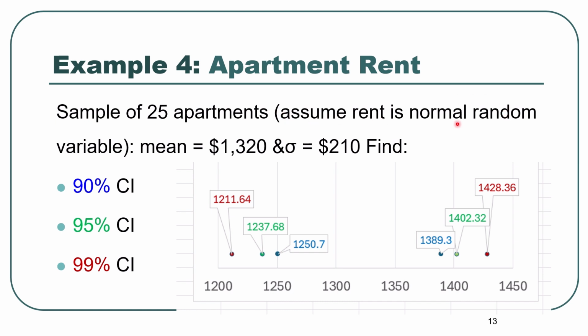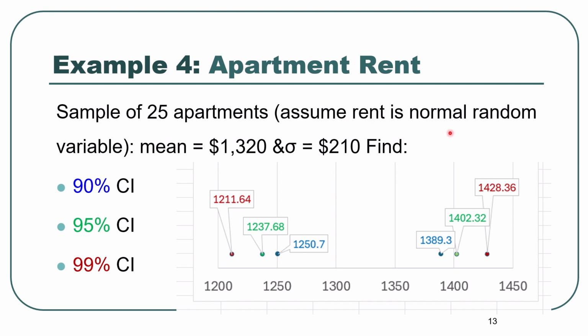Why did I have to write that information? Because n is not big enough. And as we discussed before, to let the central limit theorem work, we need to have n greater than 30. If we don't have that, then I cannot use the sampling distribution of my x bar as a normal distribution. You remember that was one fundamental rule that we discussed in the last lecture.